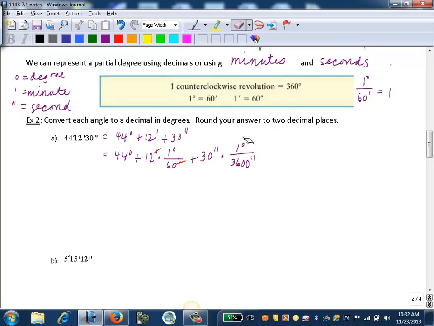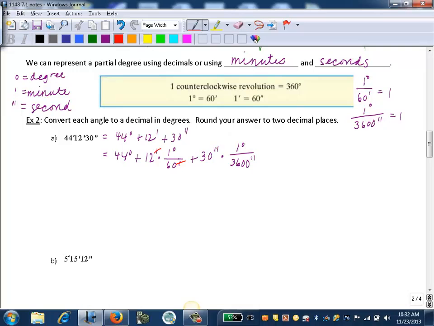So this is also a conversion factor we can use. 1 degree is equal to 3,600 seconds. So this is just like multiplying by 1. So if we want to write that conversion factor over here as well, 1 degree over 3,600 seconds, that also equals 1. So we can use that to multiply and convert.